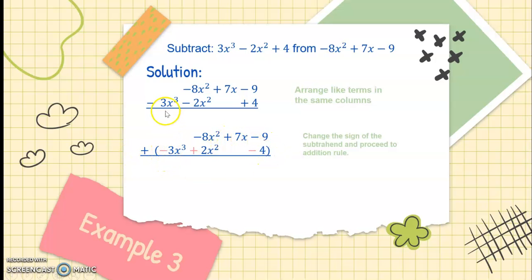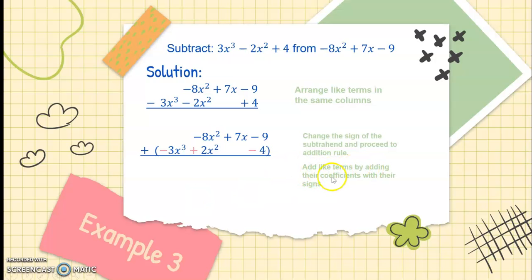So, positive 3x cubed becomes negative 3x cubed. Negative 2x squared becomes positive 2x squared. And positive 4 becomes negative 4. And then, proceed to addition rule. Since wala partner si negative 3x cubed, i-bring down ta lang siya.